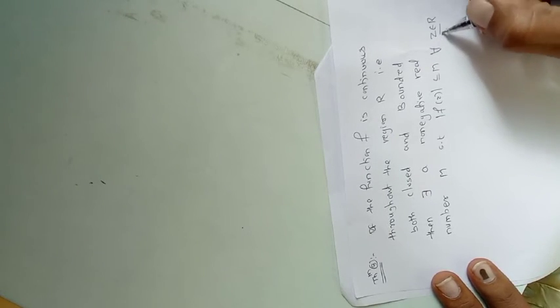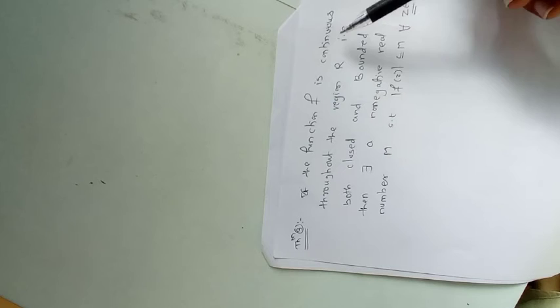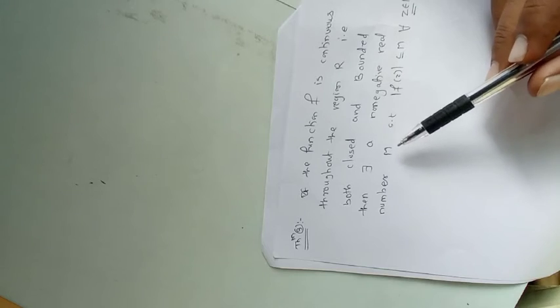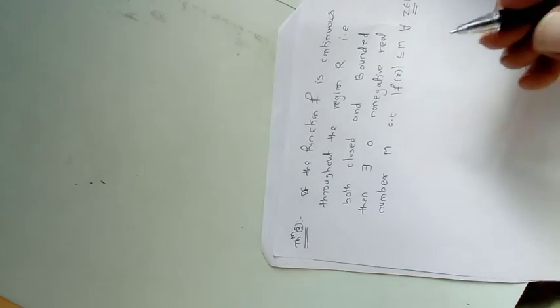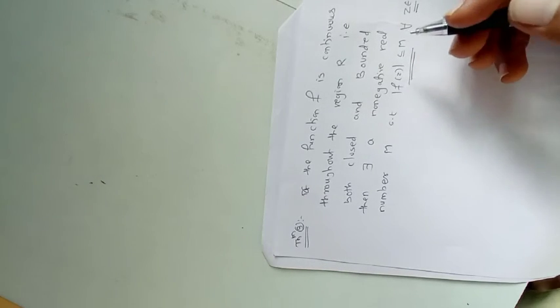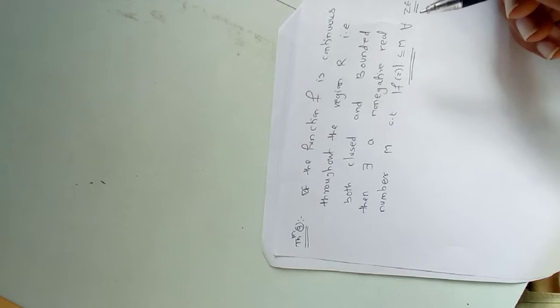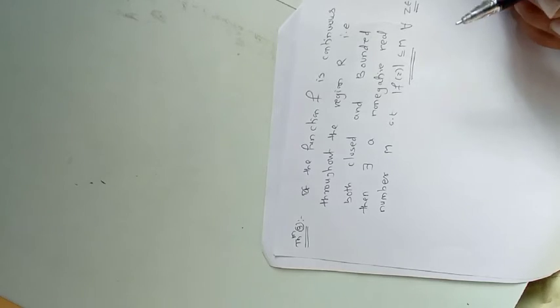So understand the theorem. If the function f is continuous throughout the region R, which is both closed and bounded, then there exists a non-negative real number m such that |f(z)| is less than or equal to m. So if the function is continuous on some domain which is closed and bounded, then the function is bounded on that region.